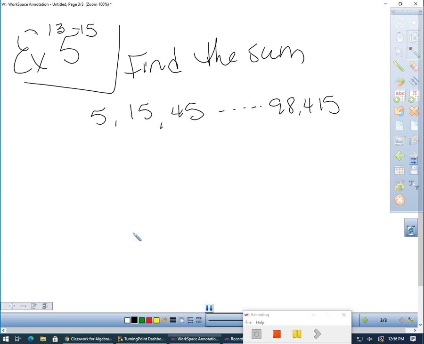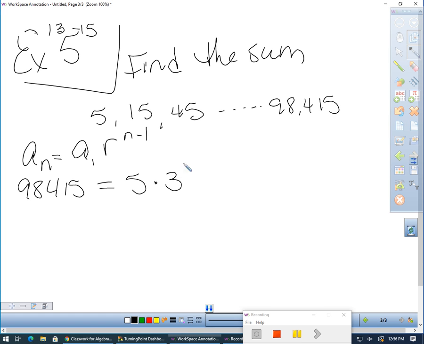Remember that when we're doing geometric, because that's what this is, a sub n equals a sub 1 times r to the n minus 1. So we have 98,415 equals 5 times 3 to the n minus 1. To solve for this, the first thing we do is divide both sides by 5. If we divide by 5, I get 19,683 equals 3 to the n minus 1.